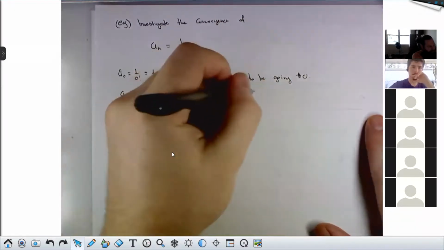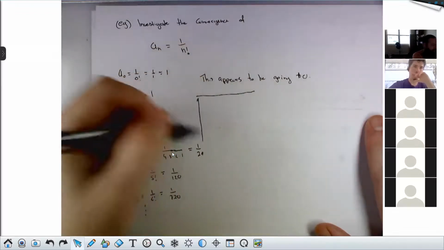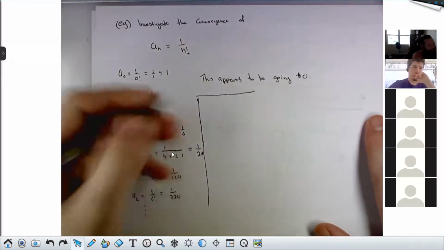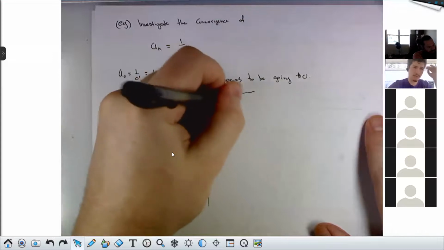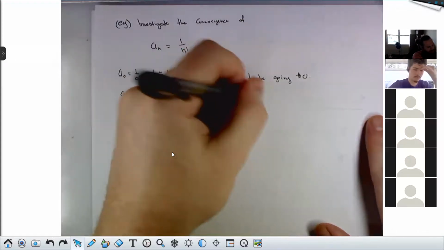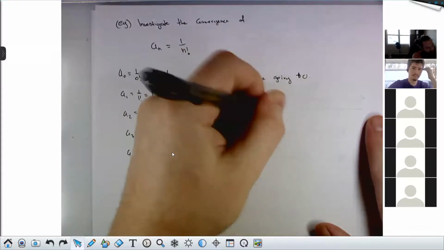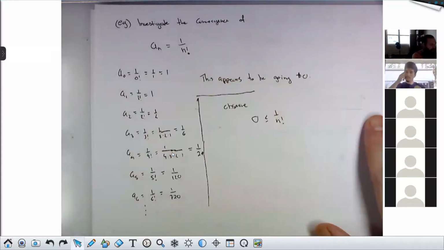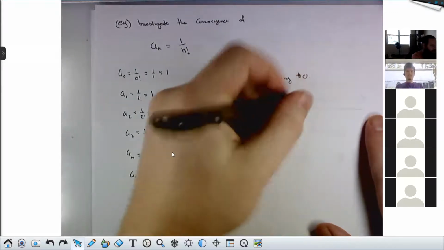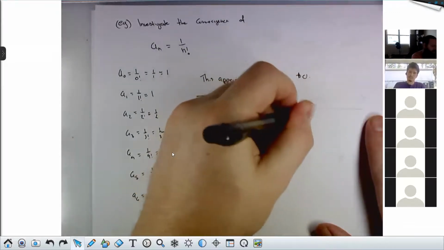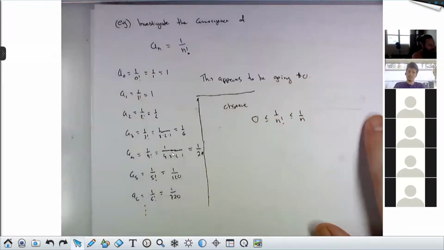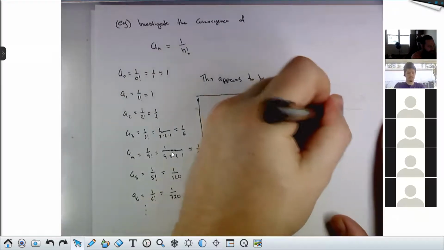This is a good place for the squeeze theorem, if you remember the squeeze theorem. Zero is certainly less than 1 over n factorial, and 1 over n factorial is less than 1 over n for all n greater than or equal to 1.